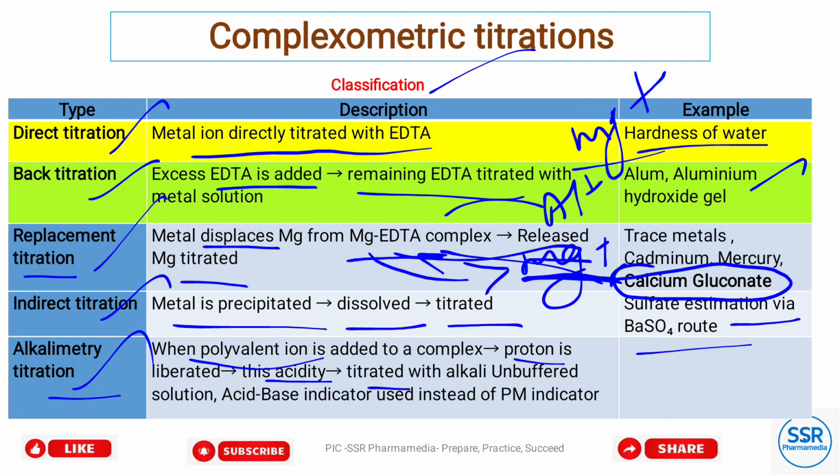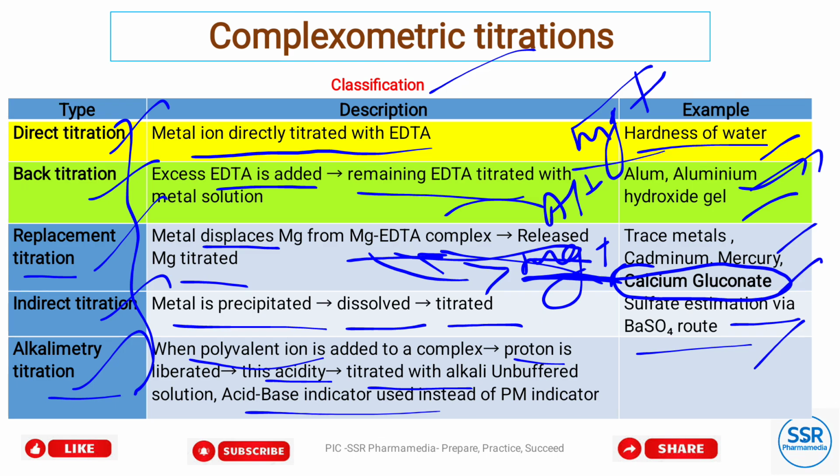This acidity is titrated with alkali in an unbuffered solution, and an acid base indicator is used instead of a metal ion indicator. Take a screenshot, as this is very important for MCQs: direct titration means magnesium sulfate, back titration aluminum ions, replacement titration calcium gluconate, which is very important, and indirect titration is sulfate estimation.